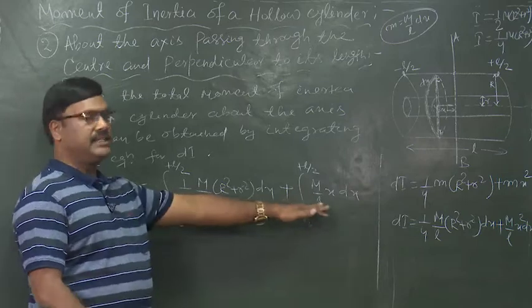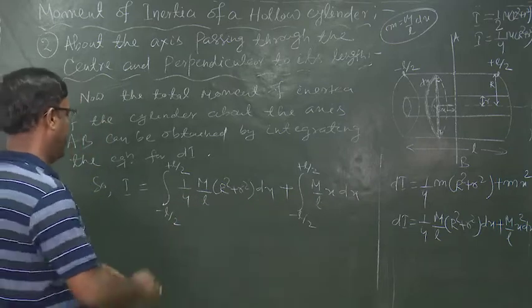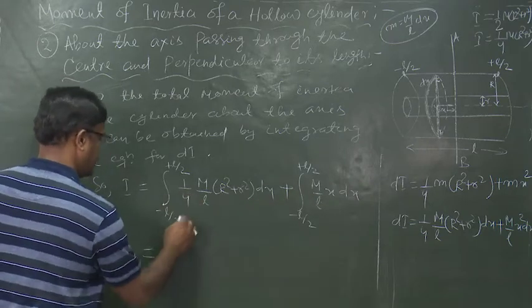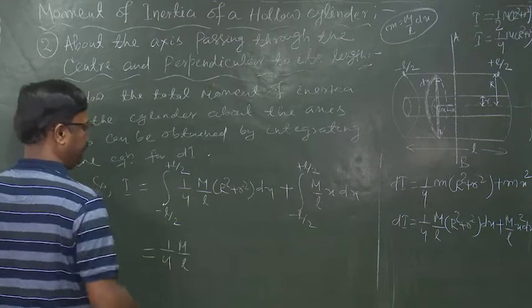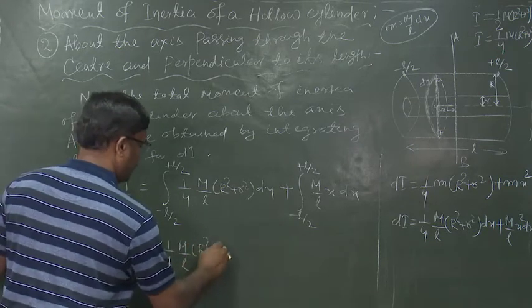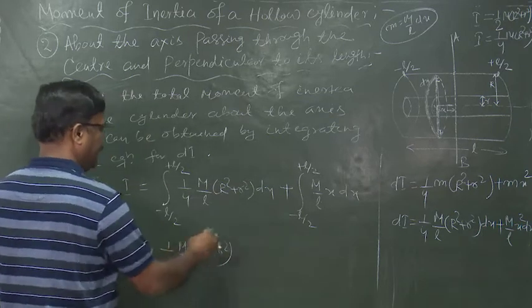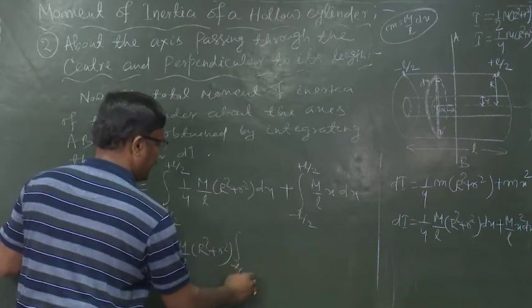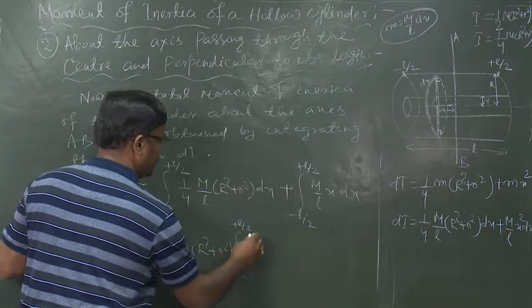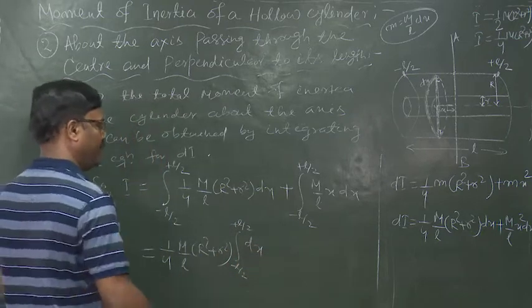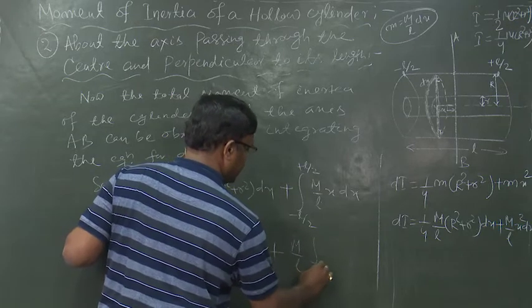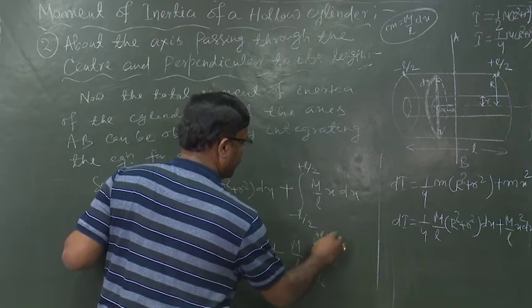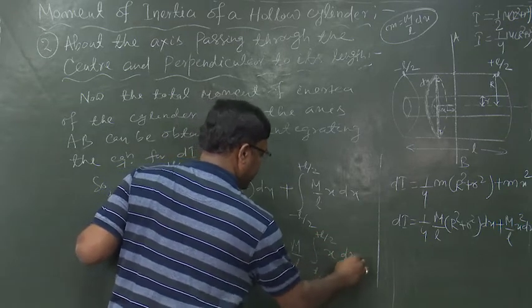Now, integrating these two terms separately, we can write this as 1 by 4 m by L into r square plus r square taken outside, integration from minus L by 2 to plus L by 2 dx, plus m by L integration from minus L by 2 to plus L by 2 x square dx.